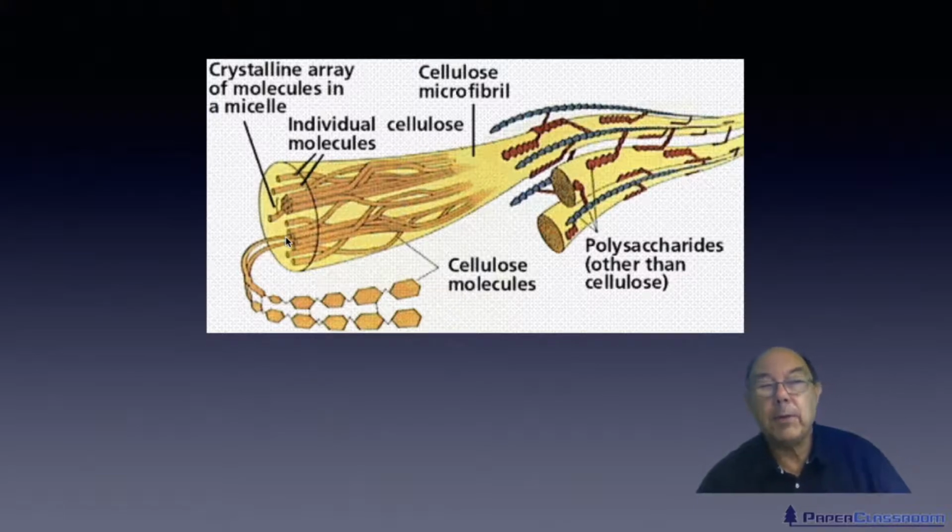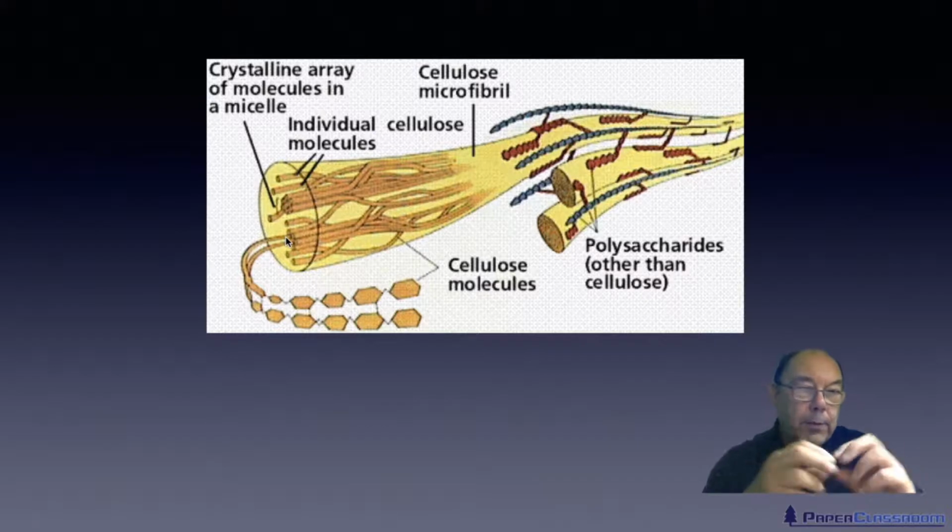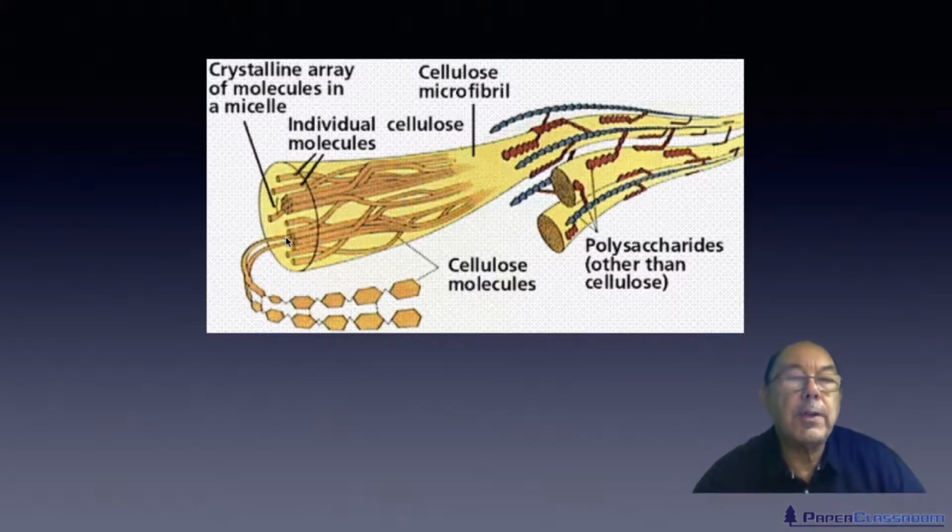What nature then does is it wraps a few of those cellulose chains around each other to make it stronger, and we call that structure a microfibril. So we've mixed many cellulose chains together. We've now got a microfibril.